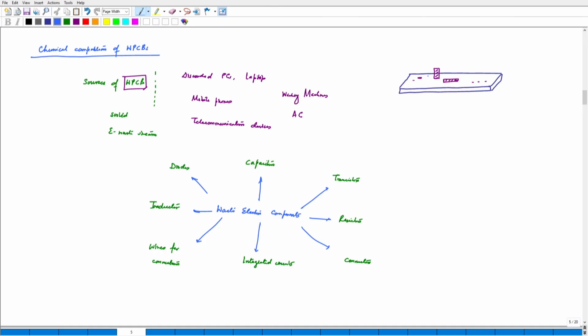Now, what exactly is the composition of a PCB? We know that these parts are there and these parts are called the electronic components. What else is present in a PCB? So, material composition of WPCB. We have oxides, we have polymers, and we have metals and alloys.